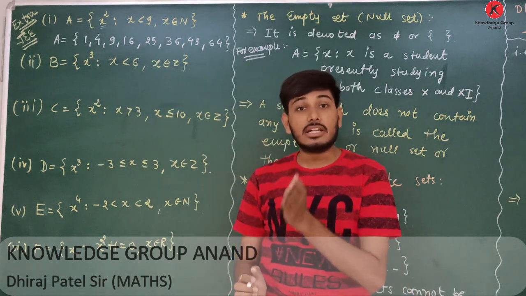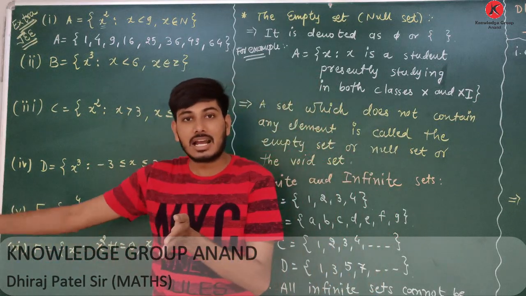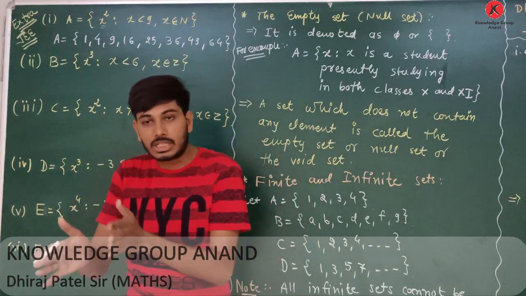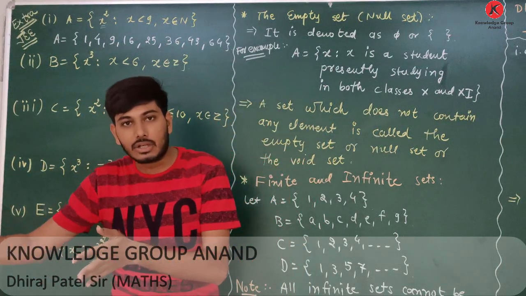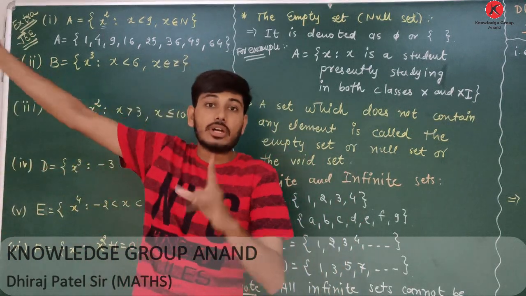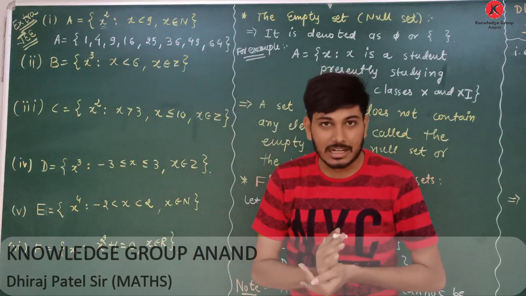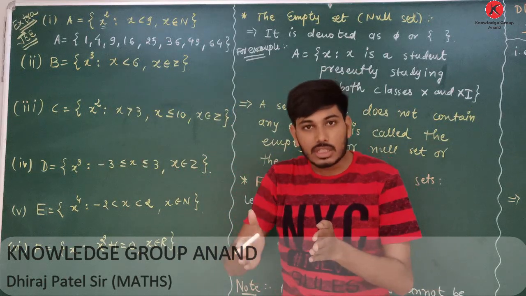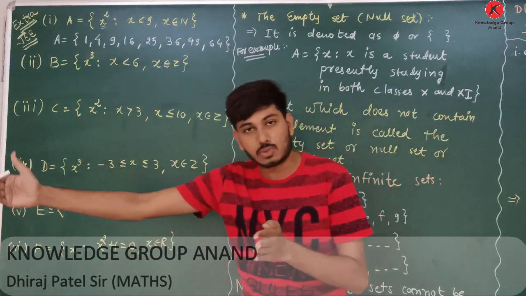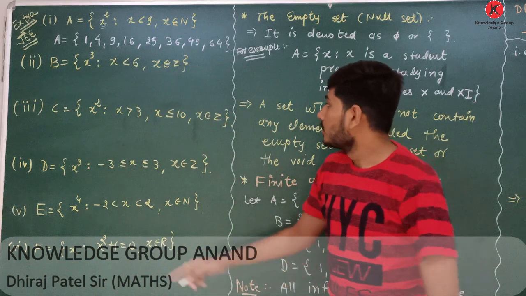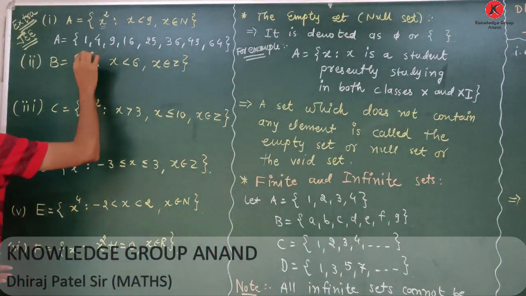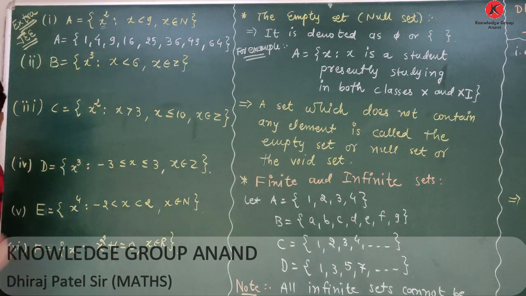We know that the integers which are less than 6 are 5, 4, 3, 2, 1, 0, -1, -2, -3, -4 up to infinity. Clear? It is clear? We have to write the cube of that value of x.